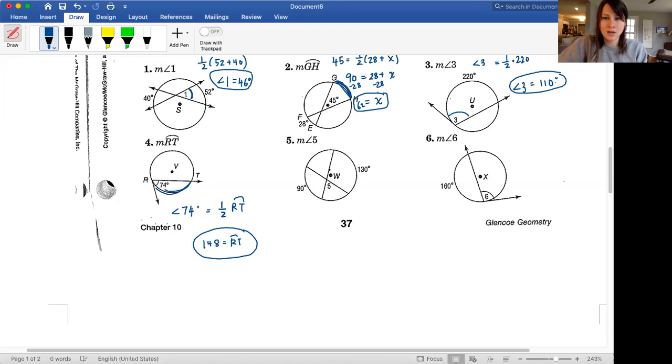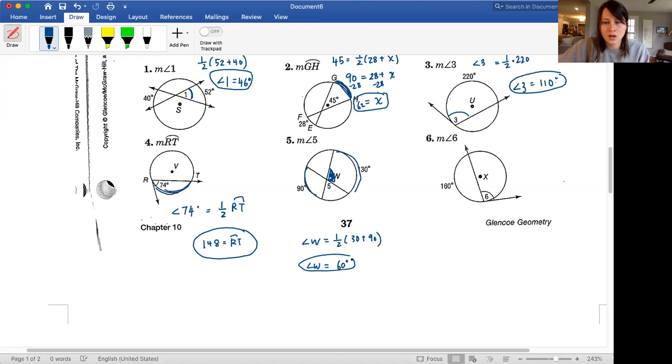So this time we have these intercepted arcs, which means the angle that I would find is right here, and that is not angle 5. However, I know that W and angle 5 are supplementary, so I can also use that to my advantage. But let's find W first. So angle W equals 1/2 of 30 plus 90, which ends up being half of 120, which is 60 degrees.